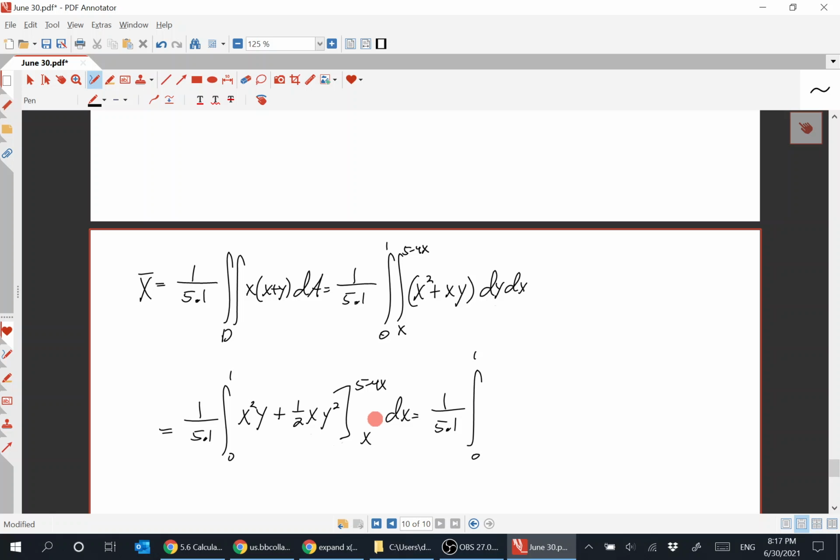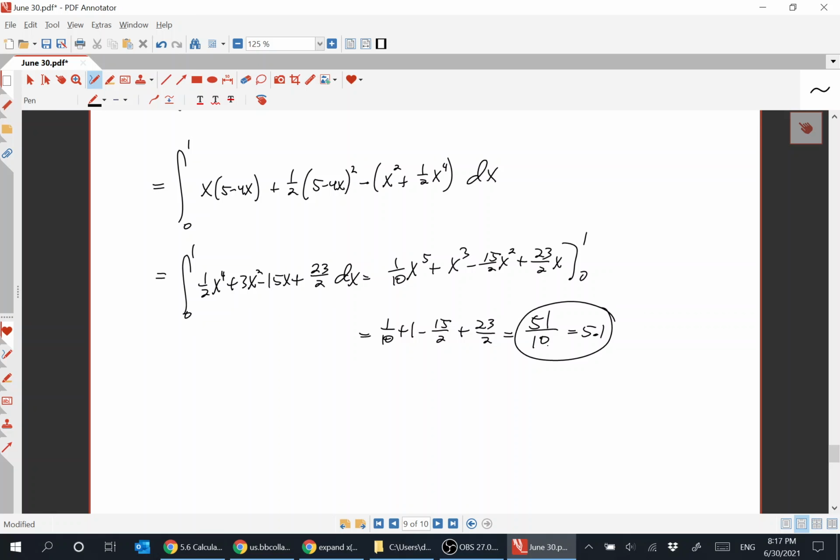So 5 minus 4x plus 1/2 x times 5 minus 4x squared minus x to the third plus 1/2 x to the third. Yeah, at x, this is x to the third plus 1/2 x to the third.